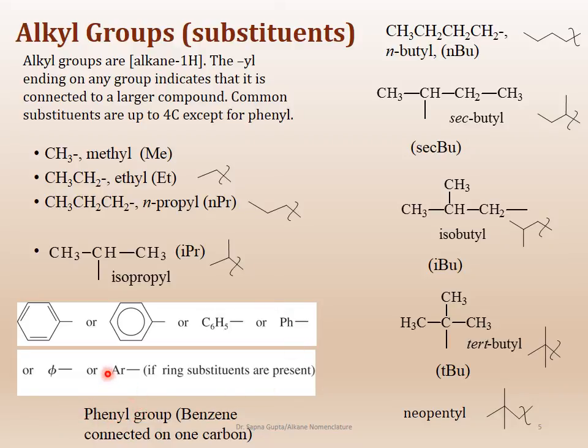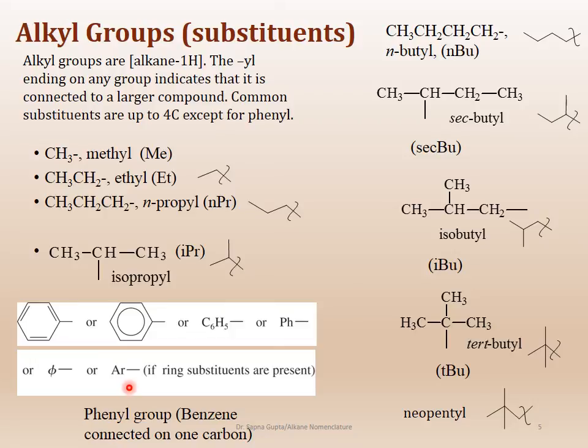If you want to be a die-hard chemist, then a die-hard chemist draws their benzene like this, which is the symbol phi. So phi-H is benzene. Phi connected to something is a phenyl group, and then Ar, which is arene ring, is used only if the benzene ring has any kind of substituents.